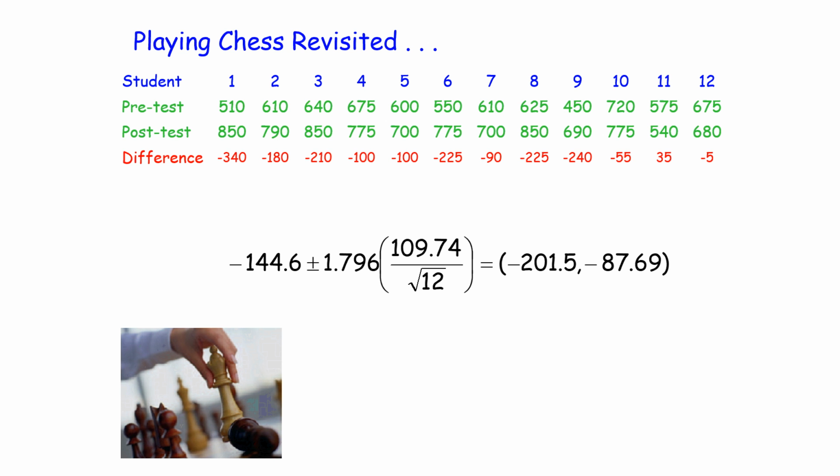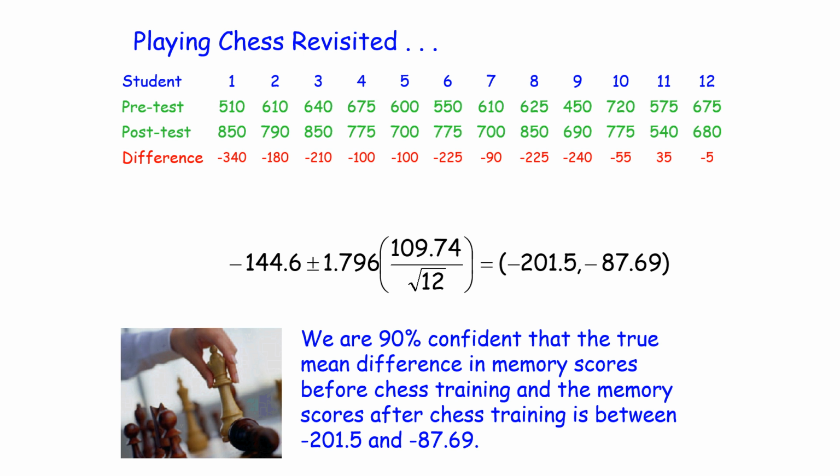Now, how would we put this into context? We are 90% confident that the true mean difference in memory scores before chess training and the memory scores after chess training is between negative 201.5 and negative 87.69.